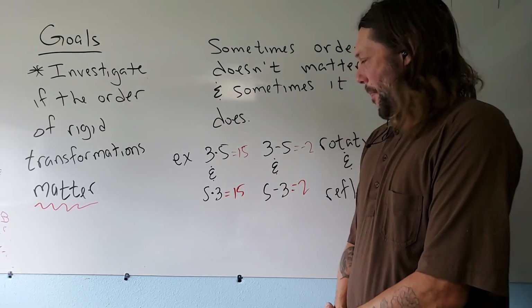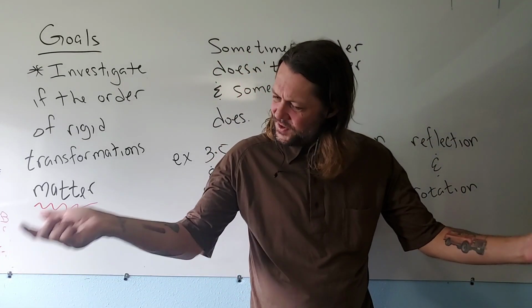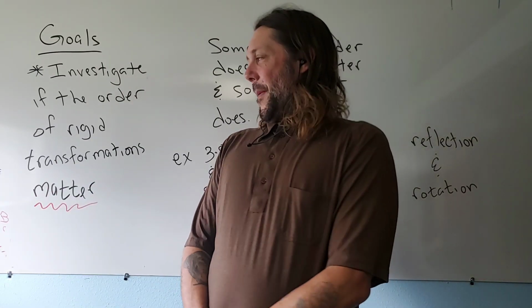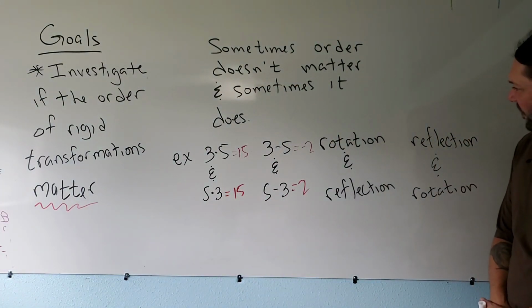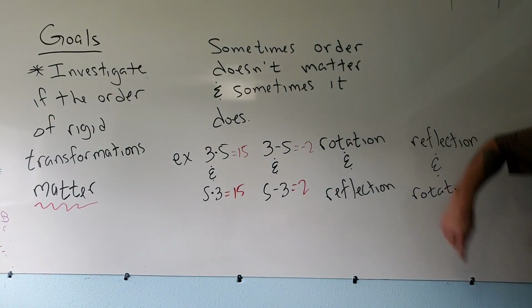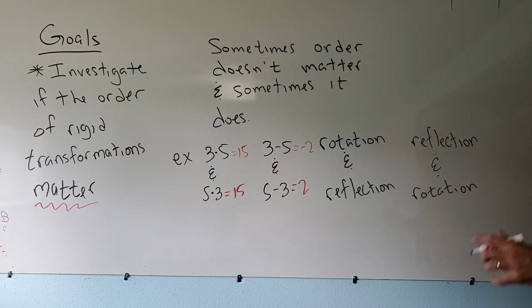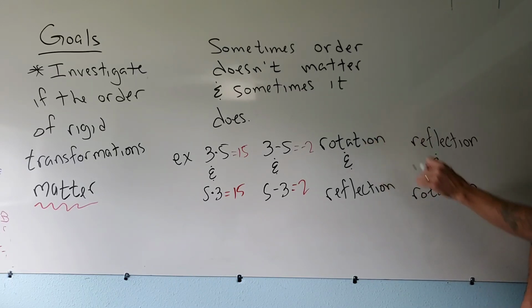In today's lesson, it's just an investigation assignment. You're just going to do what I ask you to do. You're going to do a problem where you do a rotation, and then you do a reflection, and then right next to that problem, you're going to do the same rigid transformations, but you're going to flip the order.